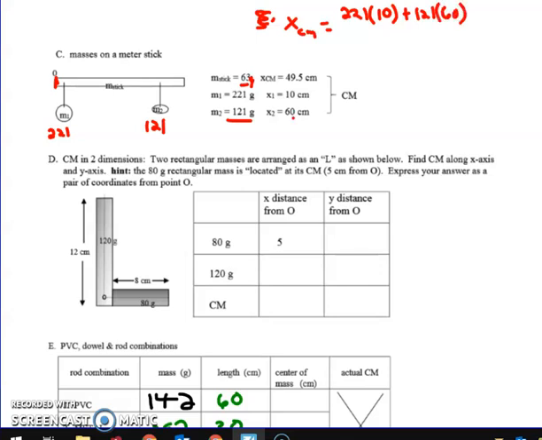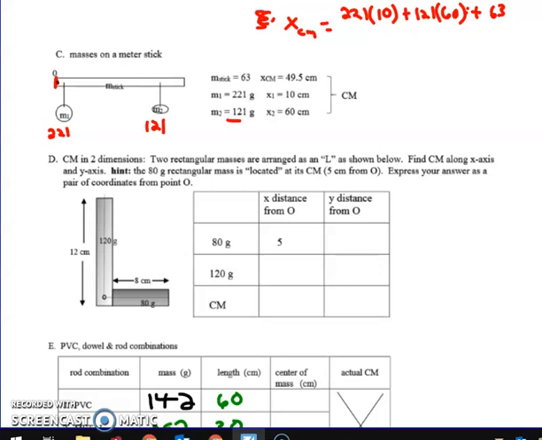Now here is a trickier part, and I guess I've already kind of given it away. What do we do with the meter stick? Well, we know its mass is 63, but how far away is it from 0? This is where the concept of the center of mass of the stick itself, forgetting about the other things, is really important.